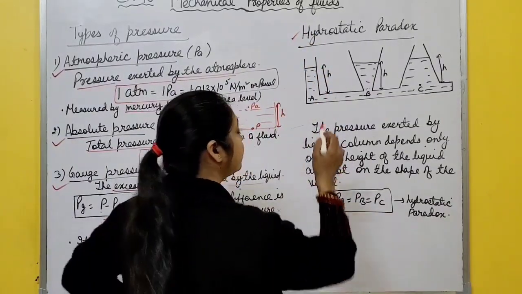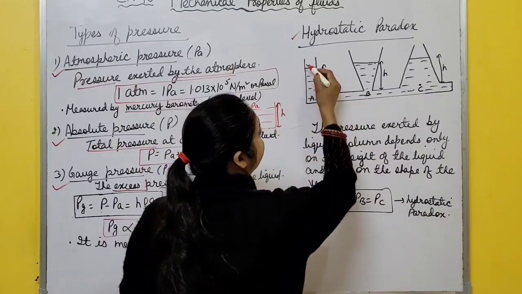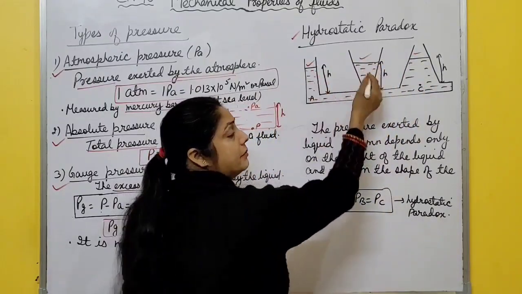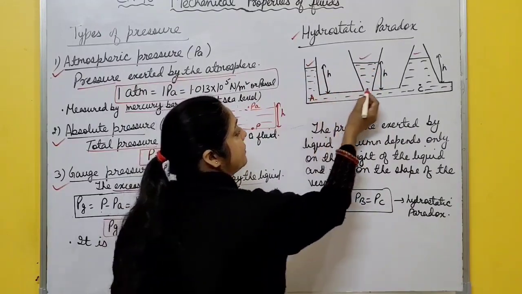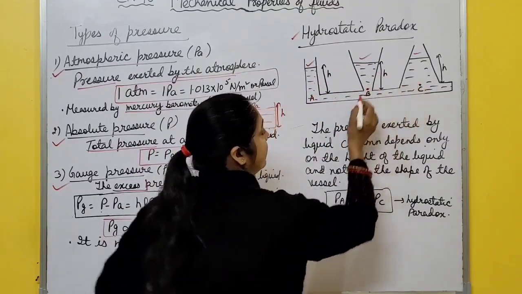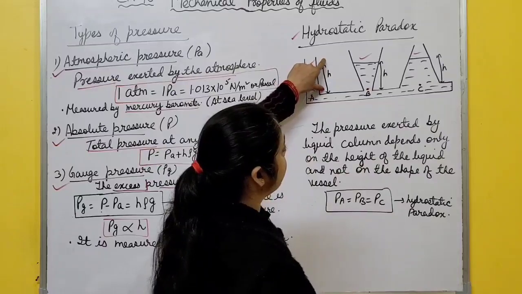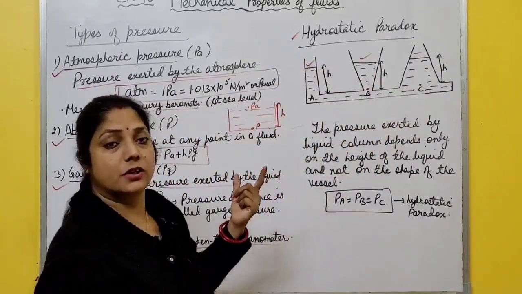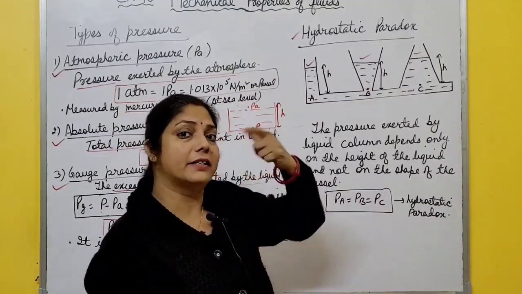What is this? Suppose these vessels are of different shapes, but in all of them liquids are filled to the same height. So at the bottom of these vessels, at points A, B and C, the liquids are filled to a height h only. According to Pascal's law, liquids at equal height exert equal pressure.